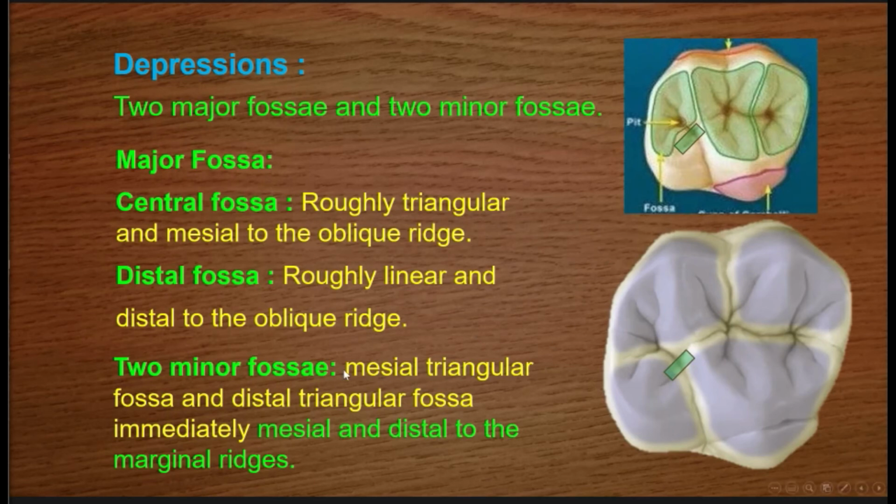Two minor fossas: the minor fossas are the triangular fossas, which are usually related with the marginal ridges. This is the mesial marginal ridge, this is the distal marginal ridge. The mesial triangular fossa, a minor fossa, is related with the mesial marginal ridge. The distal triangular fossa is also a minor fossa, related with the distal marginal ridge.